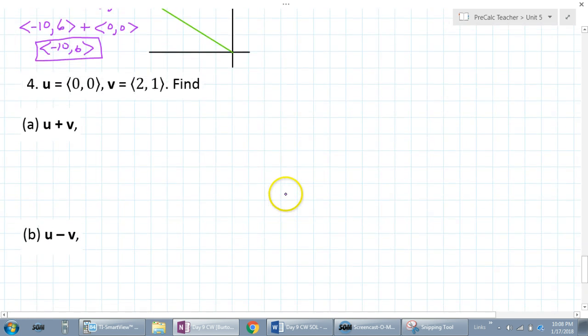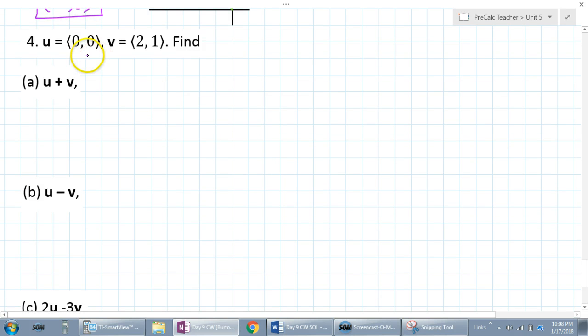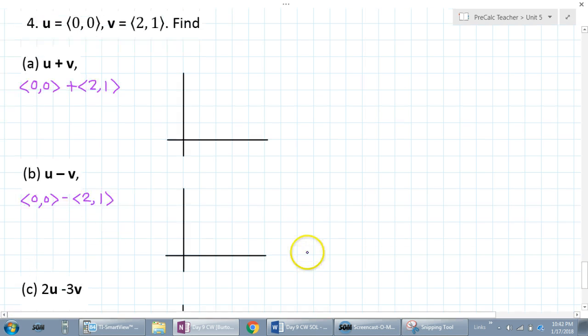Okay, so it's going to be the same thing for number 4. Again, we're dealing with a 0 vector, so it's going to feel a little bit silly. If I want to add vector u plus vector v, but vector u is the 0 vector, then all I'm really going to have is vector v.